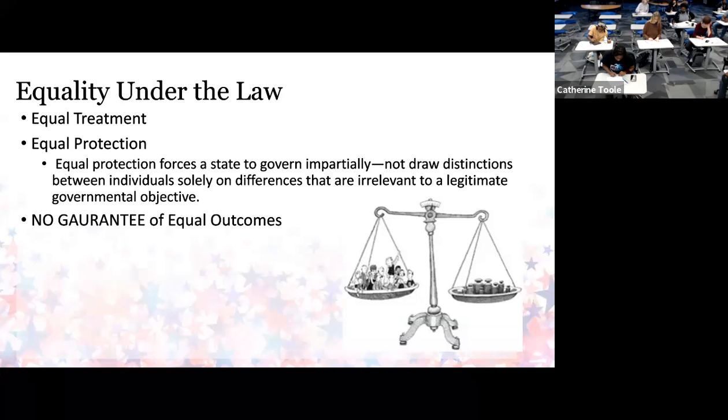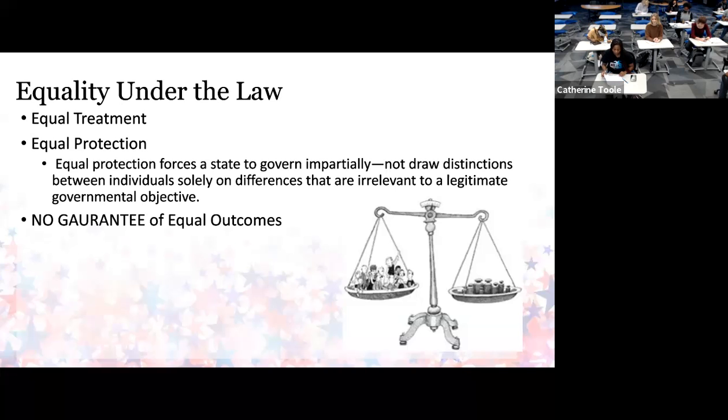Now, one of the things that sometimes goes to the Supreme Court is, was it a legitimate government objective? Can we discriminate between men and women for some legitimate reason? Can we discriminate between people who think this way and people who think that way for a legitimate governmental reason?